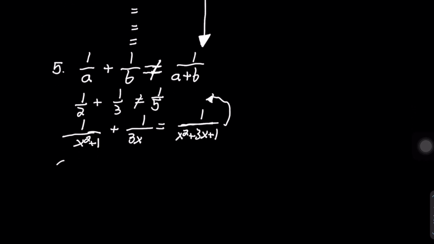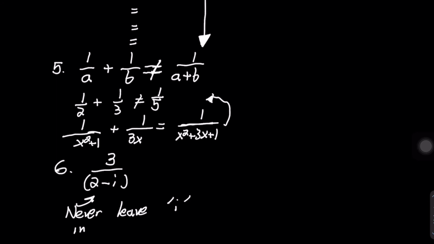Another mistake is with complex numbers. So if you have 3 over 2 minus i, for example, you never want to leave the i in the bottom of the expression.